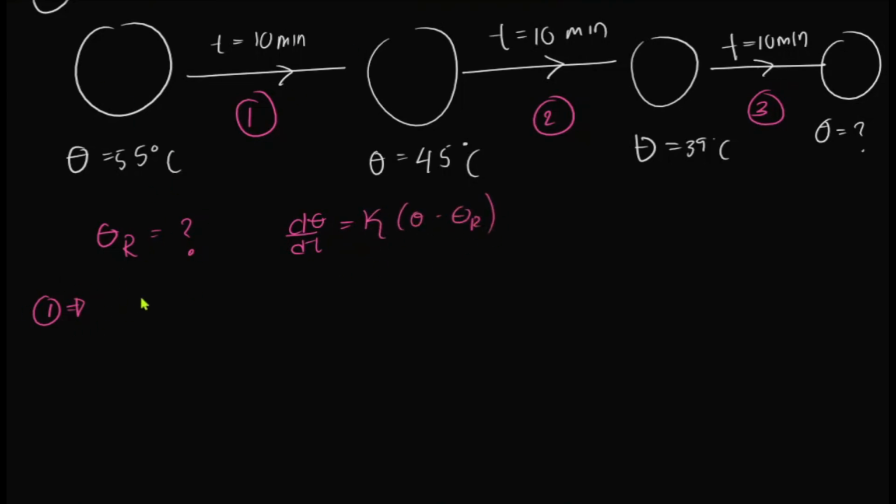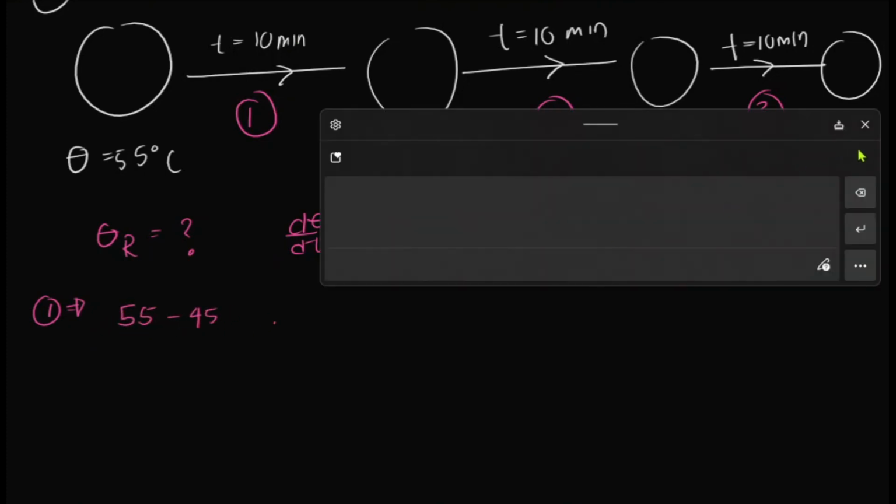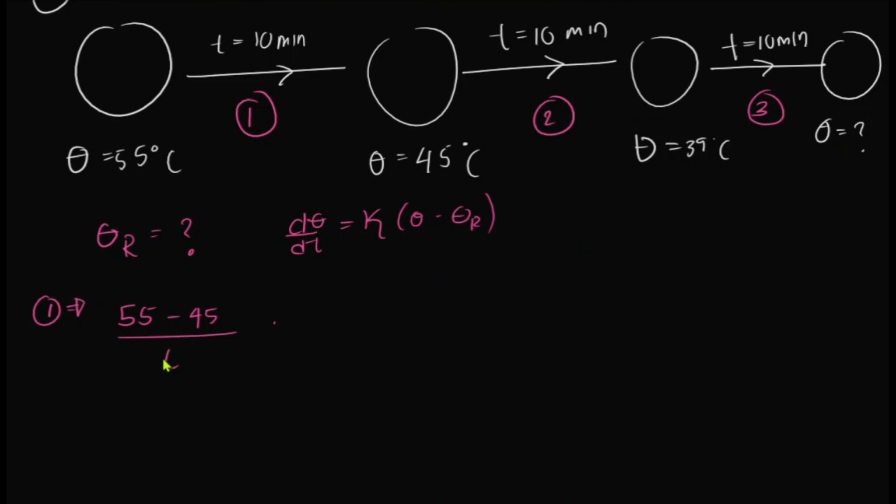In the first process, the temperature decreases from 55 to 45, and the time is 10 minutes. k is unknown. What's theta? We take the temperature of the object as the average of these two temperatures, 55 plus 45 over 2, minus the room temperature, which is unknown. That's the first equation. Now we go for the second equation.